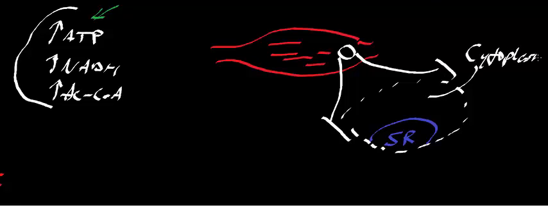So the Sarcoplasmic Reticulum is a type of rough ER, and inside it there are calcium ions. During muscle contraction, calcium ions exit the Sarcoplasmic Reticulum and end up in the cytoplasm.